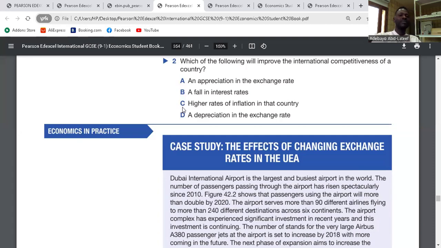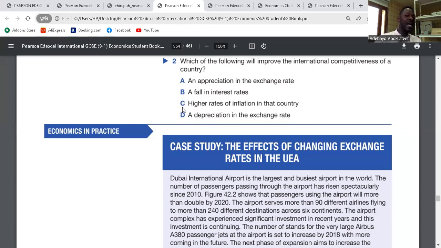Clear? C, high rates of inflation in that country. A high rate of inflation will bring about high domestic inflation, and when there is domestic inflation, it will reflect in the price of exports. It means the price of export will also rise. It will not improve the international competitiveness of the country.